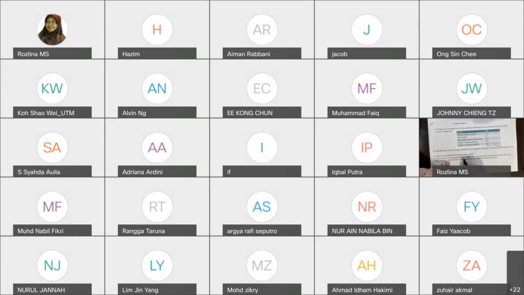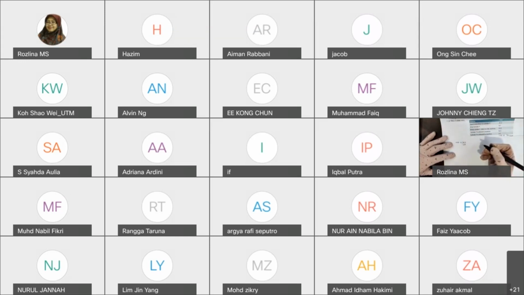Okay, after you get this, what is the standard time? After you get the TMU per unit, you have to convert 105.8 per unit to what we usually use, minutes or seconds.